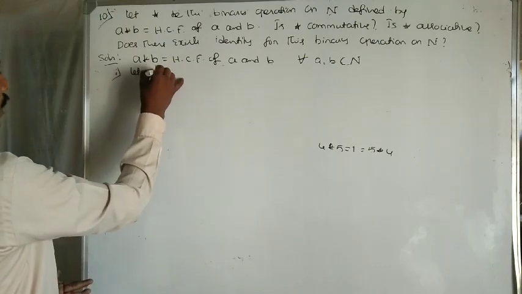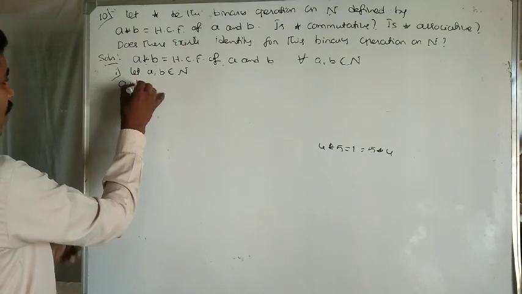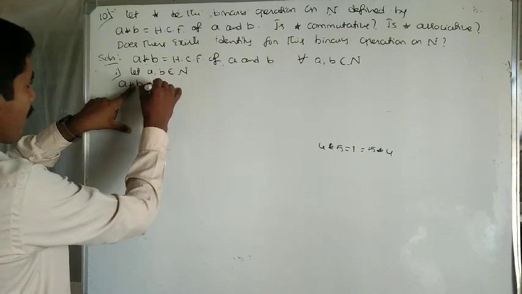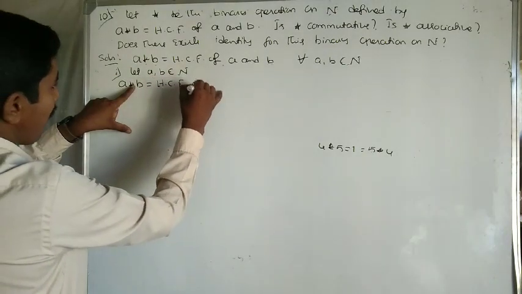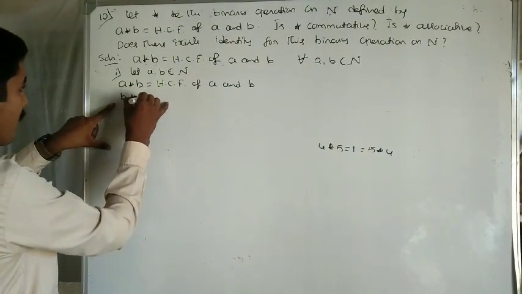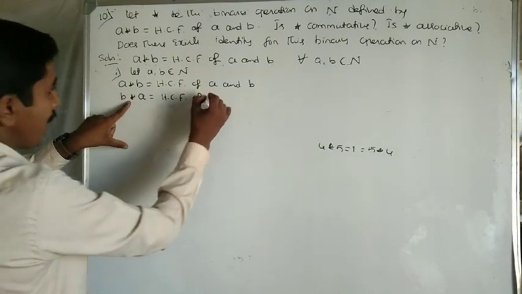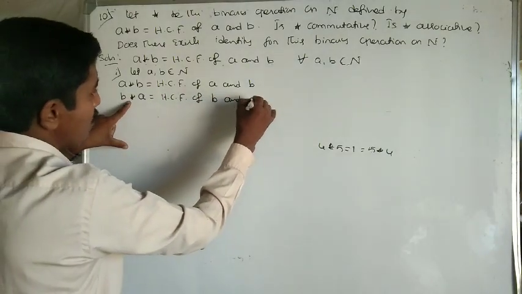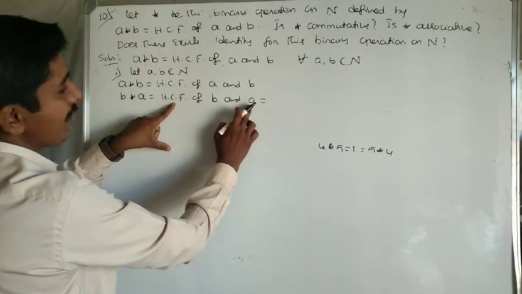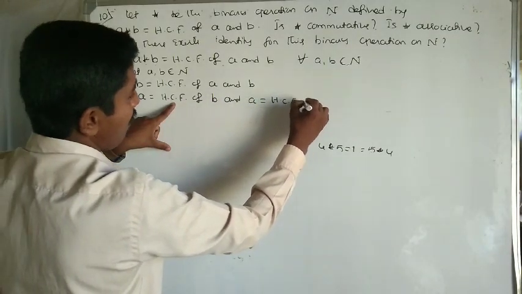Let us take two elements a, b belonging to the given set N. a star b, by the binary operation defined, is the highest common factor of a and b. b star a means the highest common factor of b and a. Here a and b are just interchanged, so this can be written as the highest common factor of a and b.